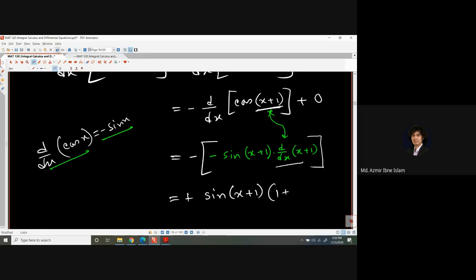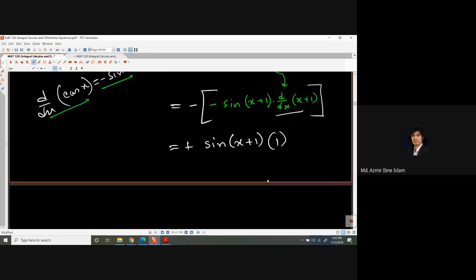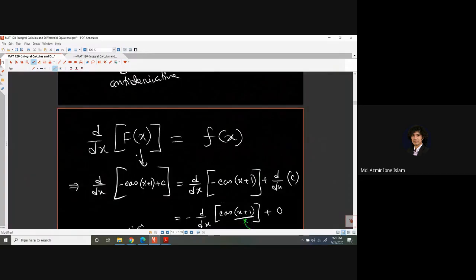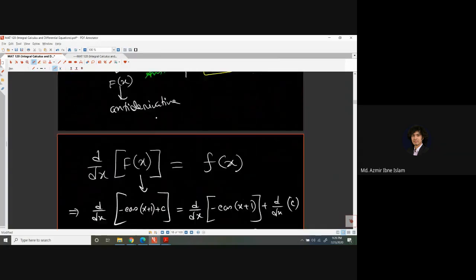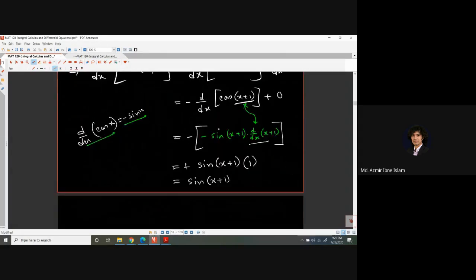So finally we get just sine(x plus 1). Now let's verify sine(x plus 1). We have started with this. So sine(x plus 1) is actually small f of x. That means we are able to prove that it is equal to small f of x.